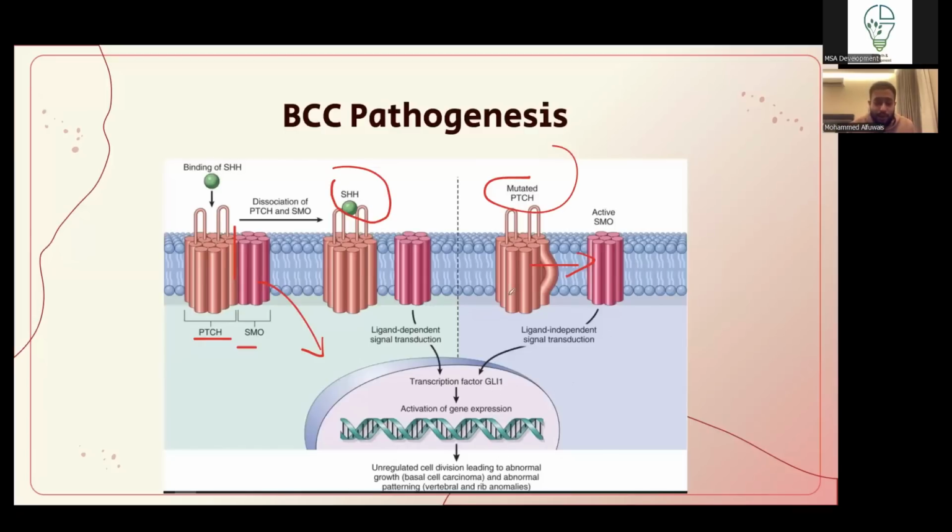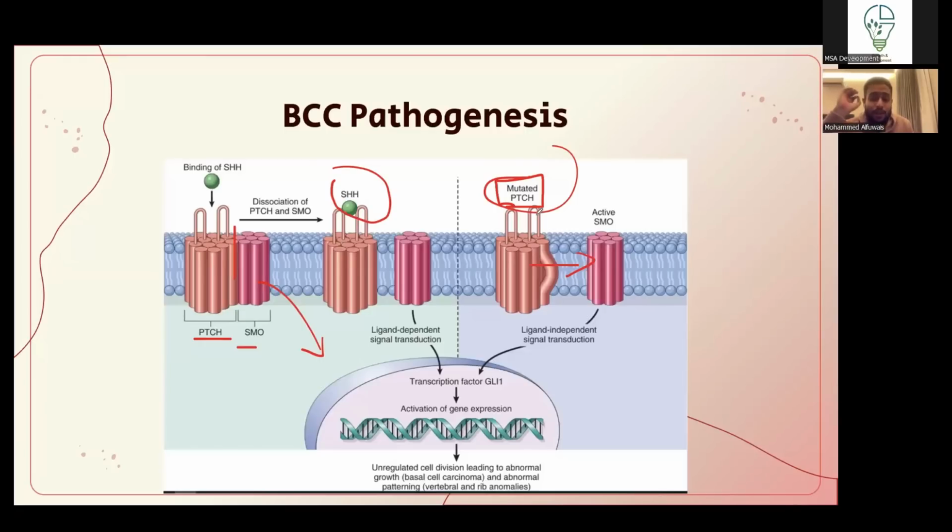So what is the gene affected here? PTCH. Okay. So if I ask you, what is the most common gene associated with melanoma? BRAF. Other ones are, for example, RAS, P16, CDKN2A or whatever, and some others.